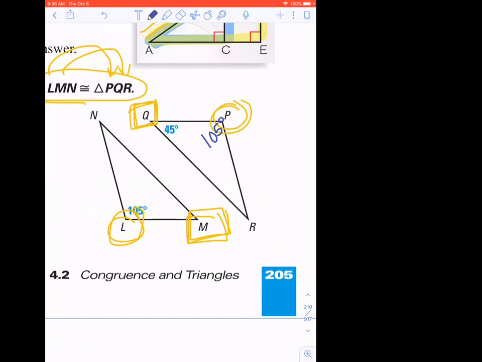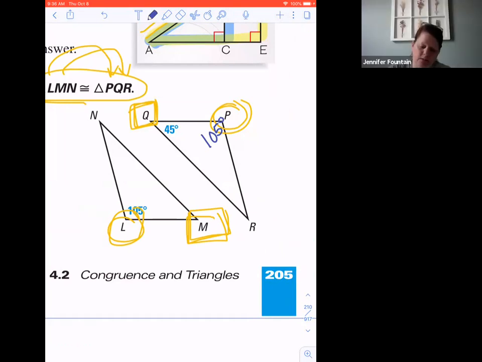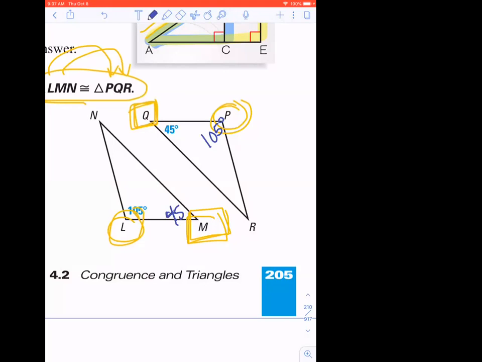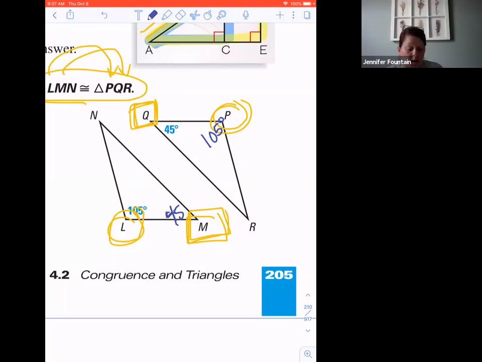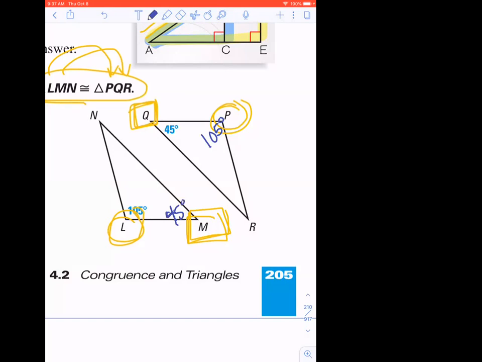Nope, look at M. Q and M are the same. So Q is 45 degrees, so M is also 45 degrees. So now we've got to look at N and R. So N and R are going to be how many degrees? That's where they're 30.